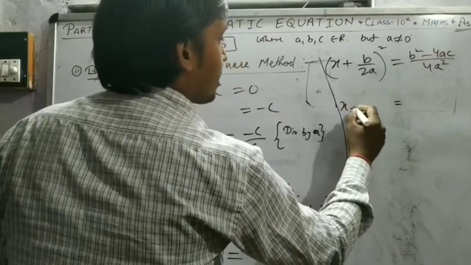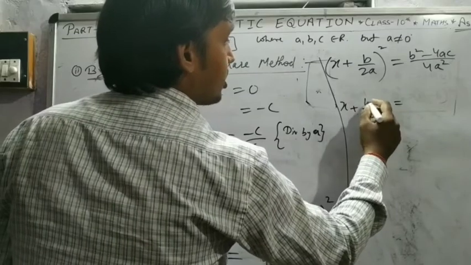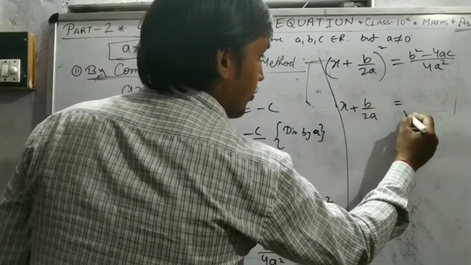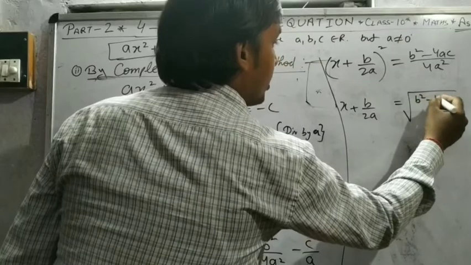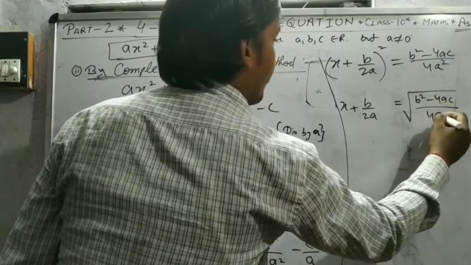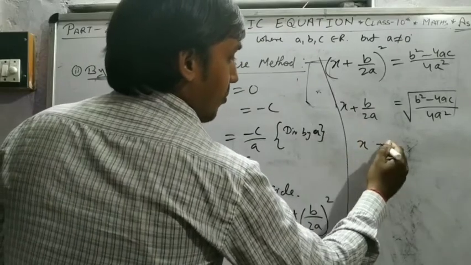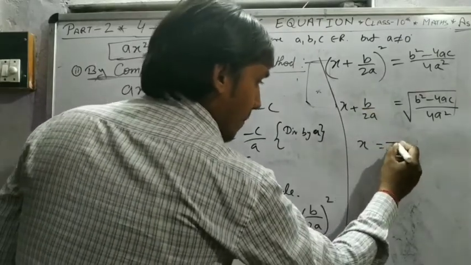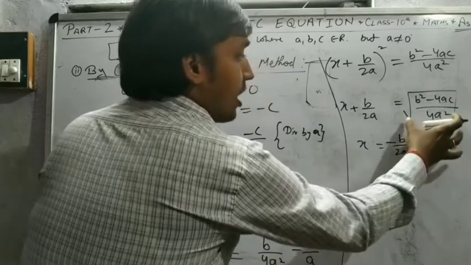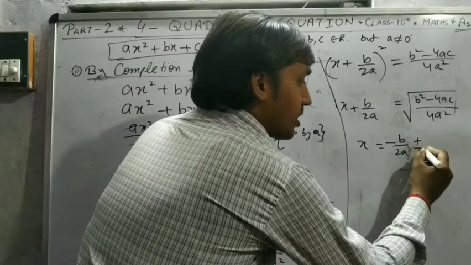Then x plus b upon 2a, send the square to the opposite side, so it makes a square root, b square minus 4ac upon 4a square, then plus b upon 2a sent to the opposite side, minus b upon 2a, and this is solved by plus minus.